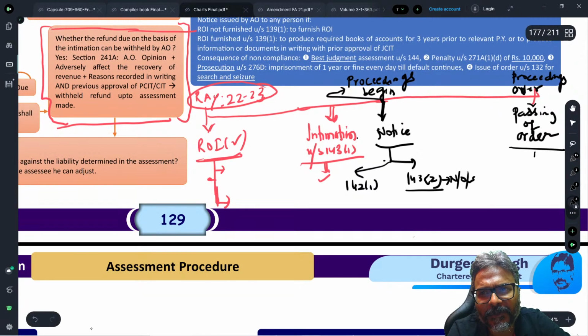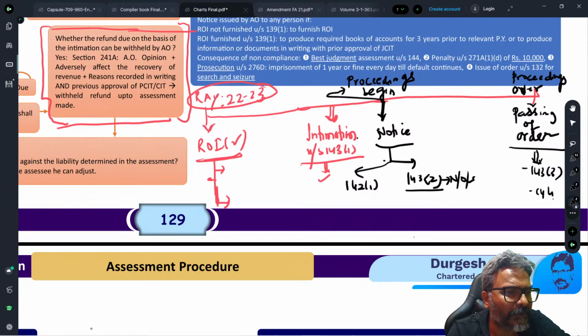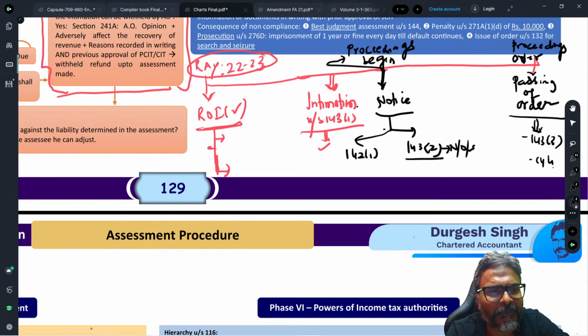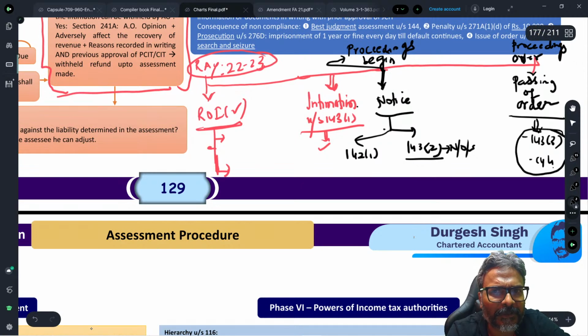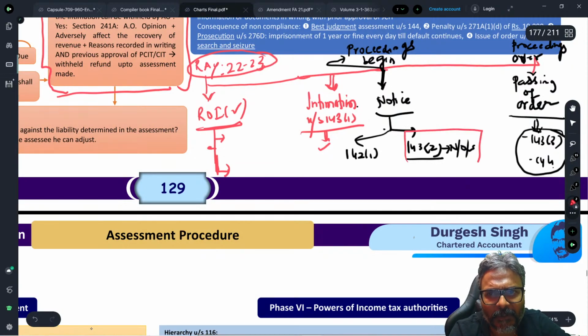The order will be passed under the two sections 143 and 144. These are the regular assessment orders. The order under 143 or the order under 144 are nothing but the regular assessment orders. Now, so far as this notice is concerned, students, the 143(2) notice is concerned over here.